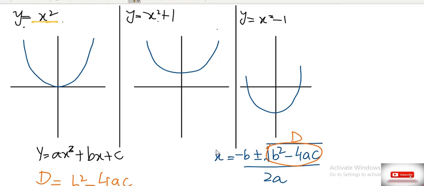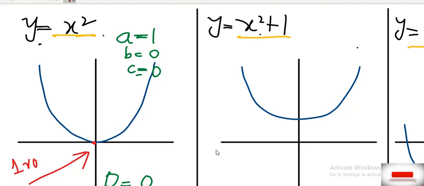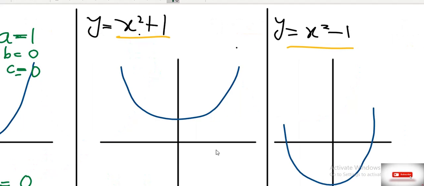Now let's see the above functions. In all the functions, b = 0. In the first function, a = 1, b = 0 and c = 0, so b squared minus 4ac equals 0. It means the discriminant becomes 0. From the graph you can see that the function touches the x-axis at only one point, so it has one root.